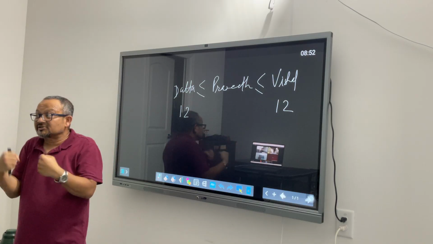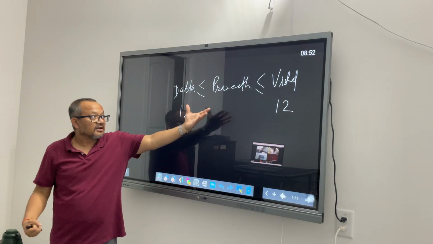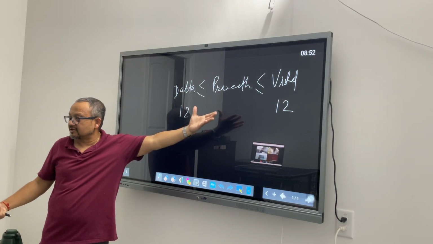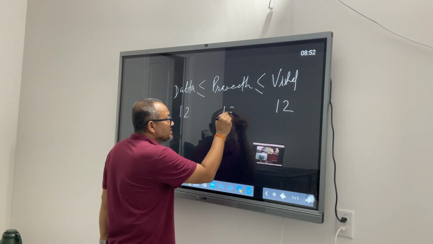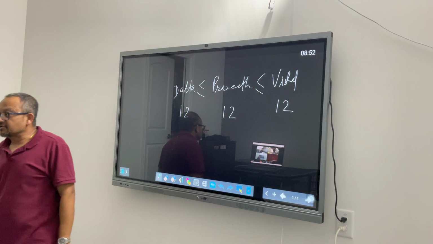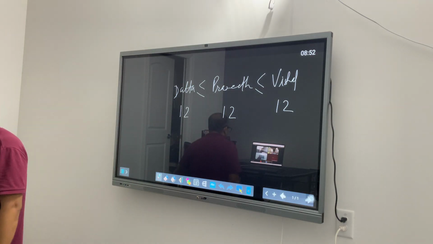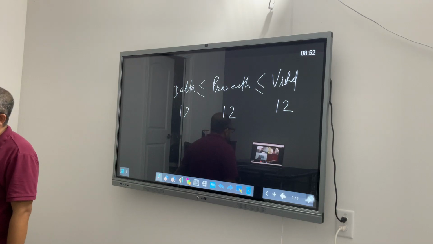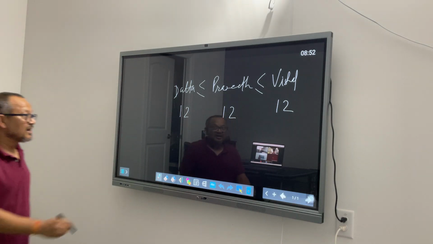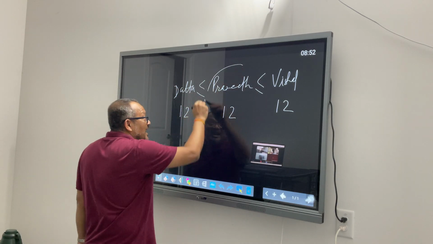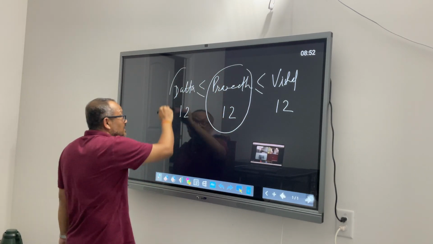He has a constraint that he cannot grow faster than any of them. So that is why this is called a squeeze theorem or a sandwich theorem. Here, this one is sandwiched between these two.